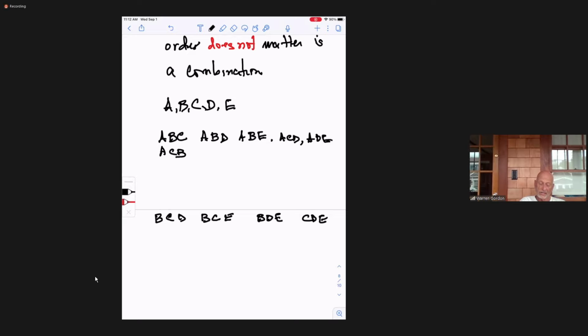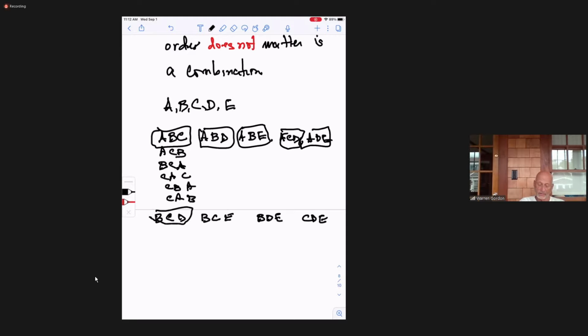And if I have ABC, I also have BCA. And I also have BAC or CBA or CAB. Notice for each of these, I'm missing one from my list, whichever one it is. I have these 10 different committees, right?